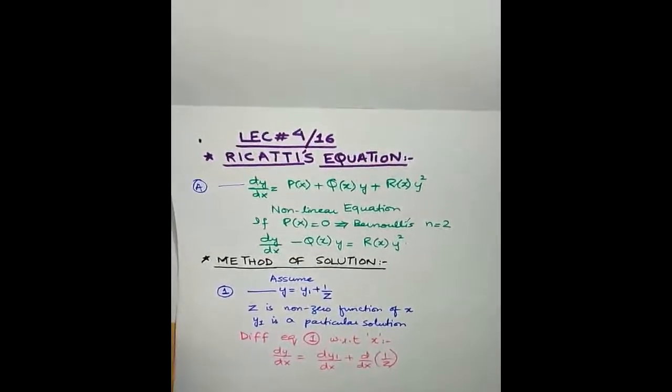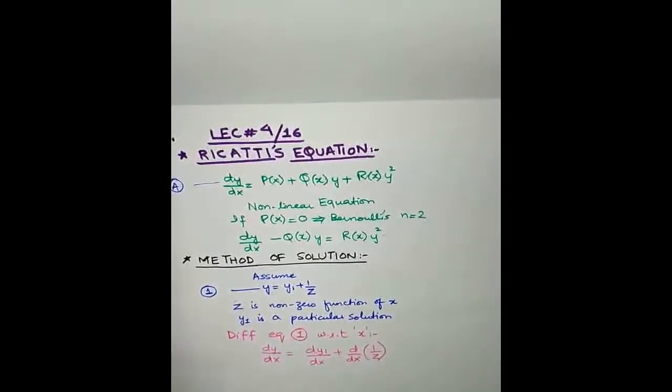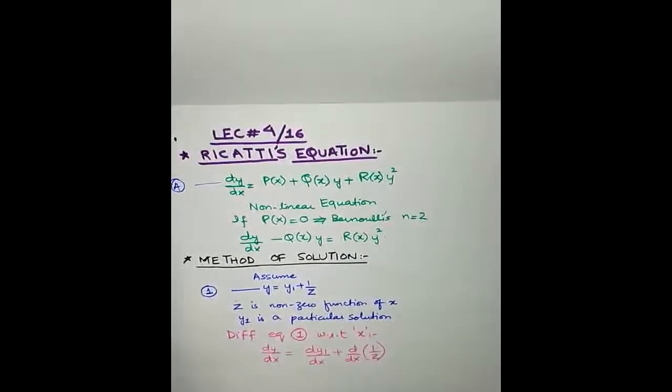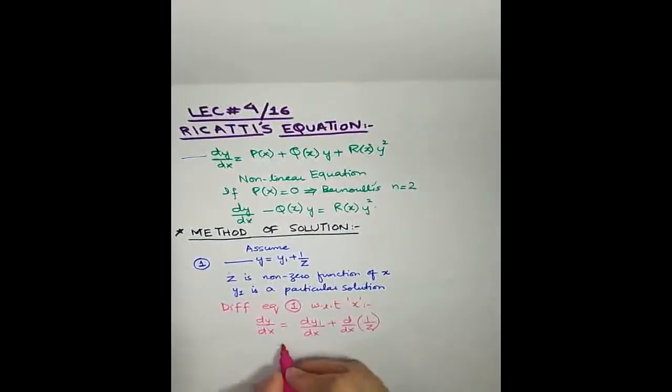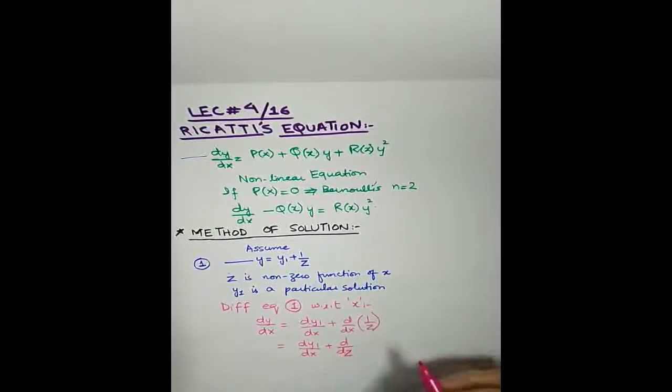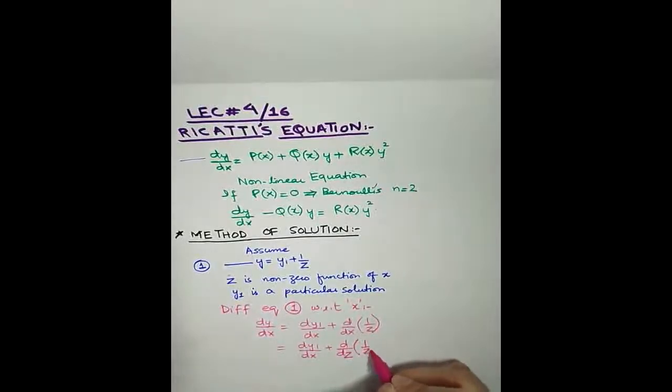As 1 by z is a function of z, you have to use the chain rule in this. So if we use the chain rule, d by dz of 1 by z into dz by dx.